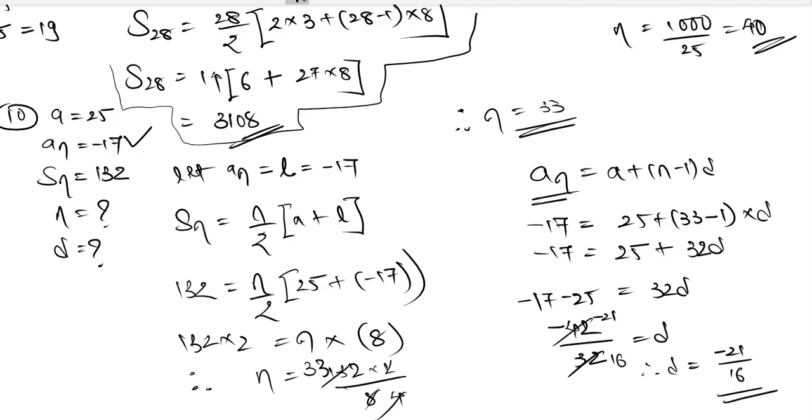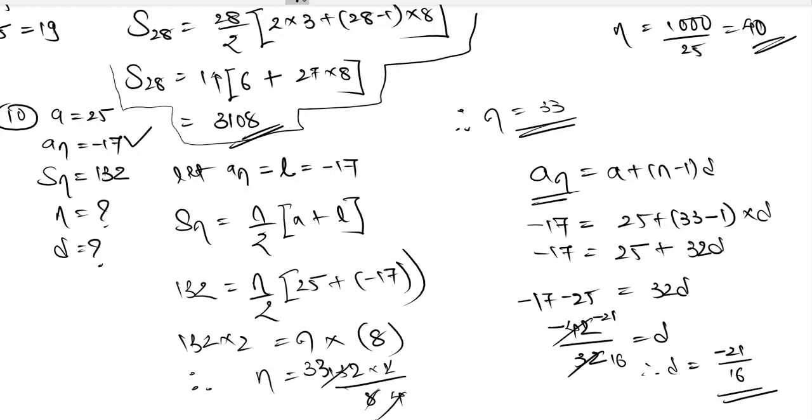I'm not very sure about this. And the same thing happened in the previous question also. But the number of terms is absolutely perfect. Then I just put the formula for nth term. Nth term is minus 17. a plus n minus 1 into d. a is known. d we have to find. n we have found. Is there any mistake in calculation which I am making?